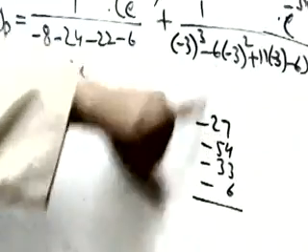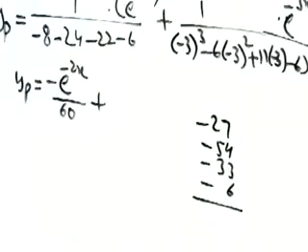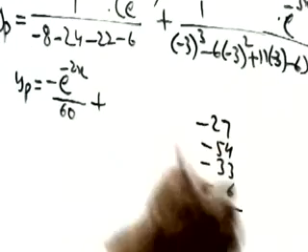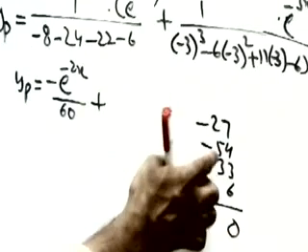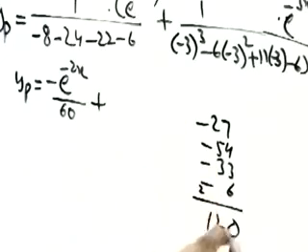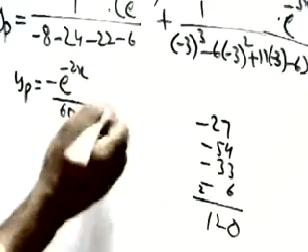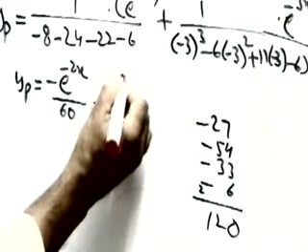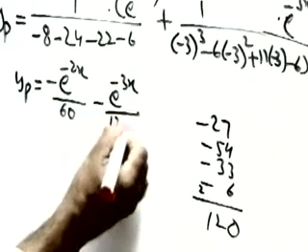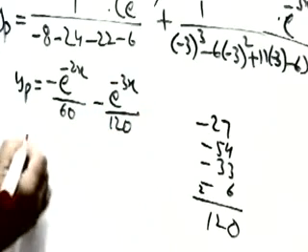So it is also minus, so let me write minus e power minus 3x divided by 120.